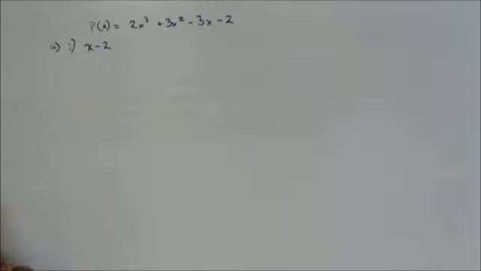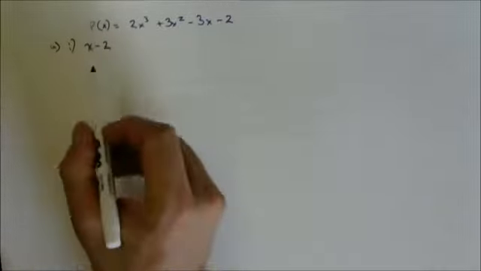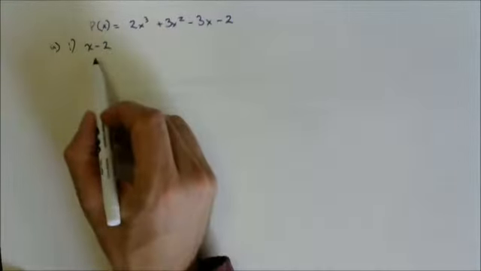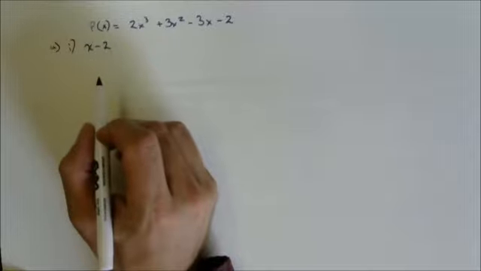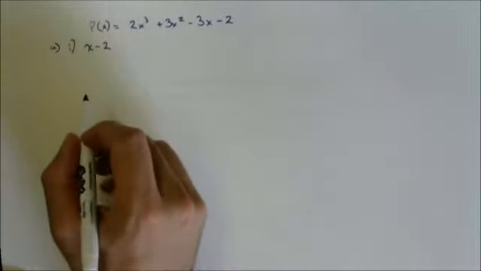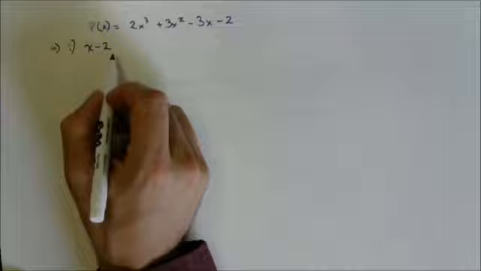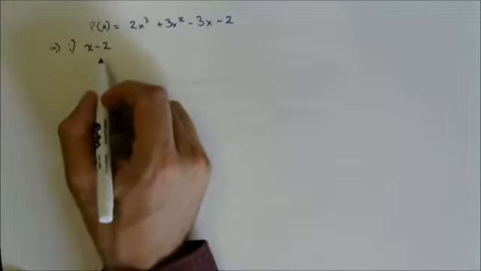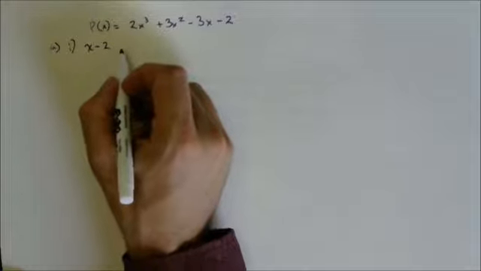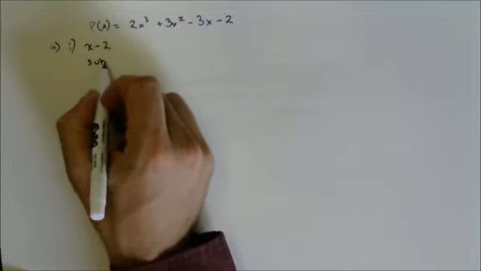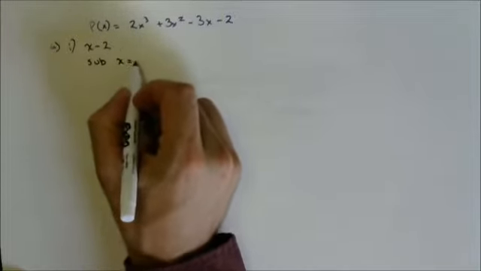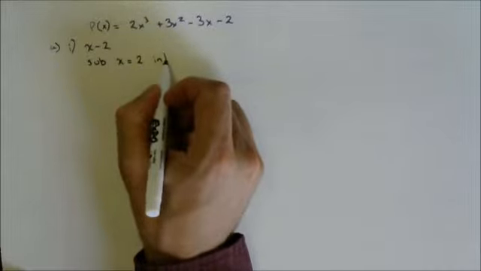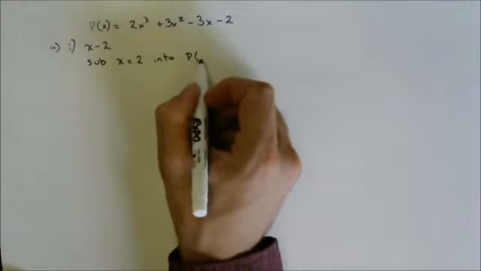To test whether this is a factor, I do not have to divide the polynomial by the binomial. Instead, all I have to do is take x equals 2, the corresponding 0, and sub x equals 2 into p of x.